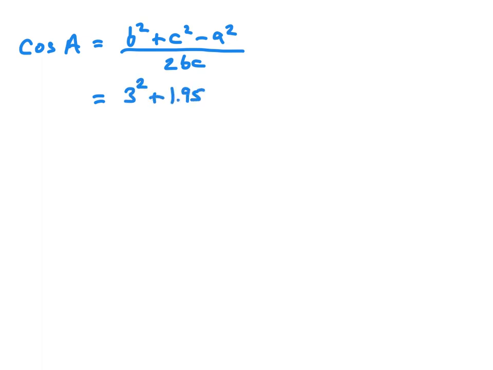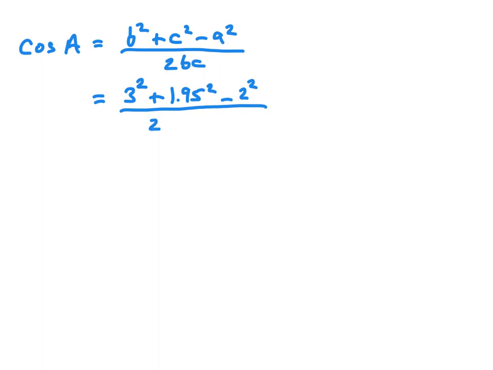To find angle A, we can use the version of the law of cosines that's solved for cosine of A. So this will be B squared plus C squared minus A squared, all over 2BC. We can substitute in the values that we've been given. So B is equal to 3, C is the value we just found, 1.95, and A is 2.